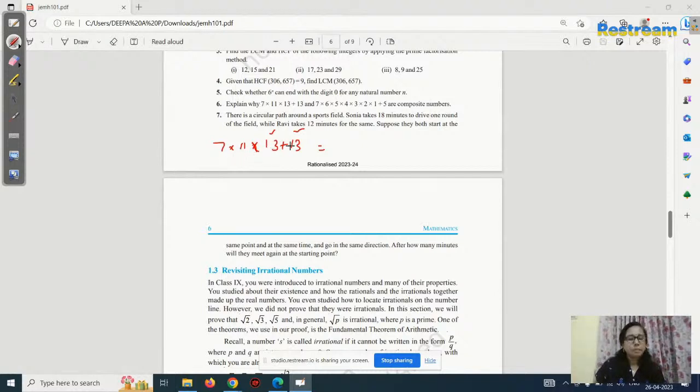7 into 11 into 13 plus 13. So 13 is the common factor. You take 13 outside.